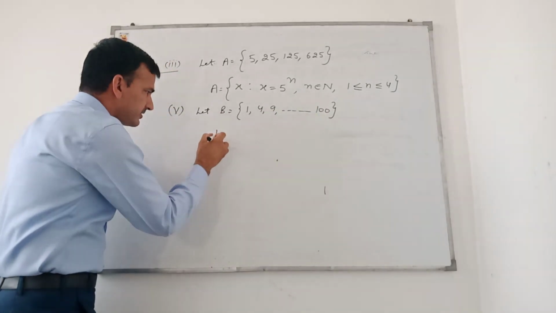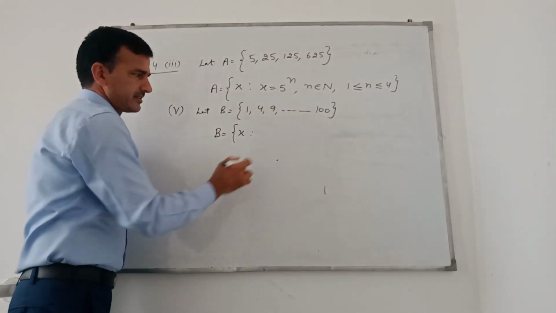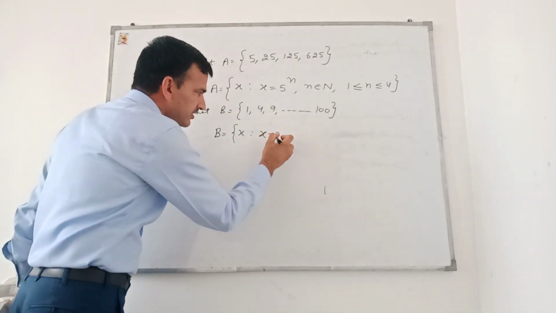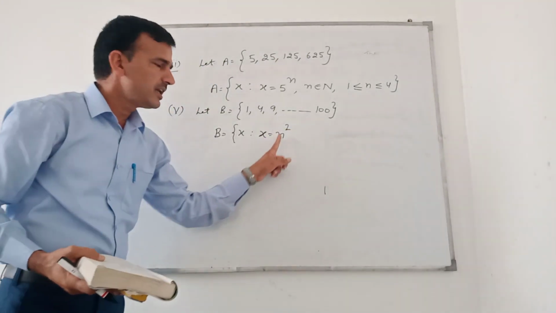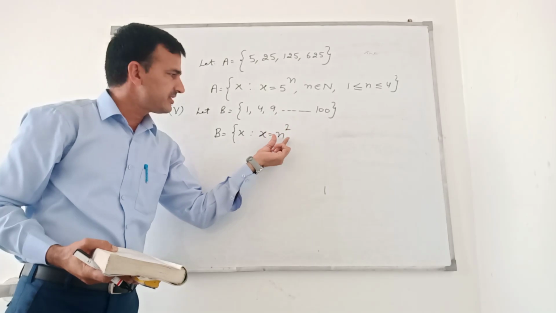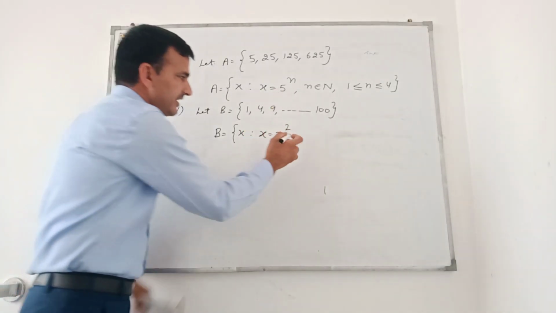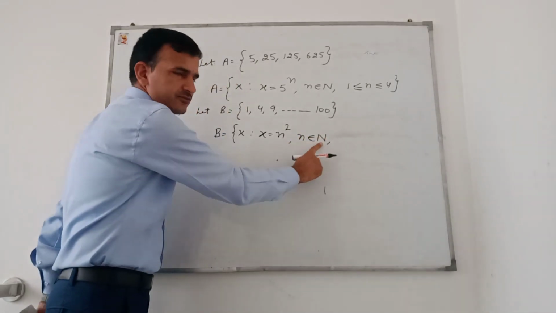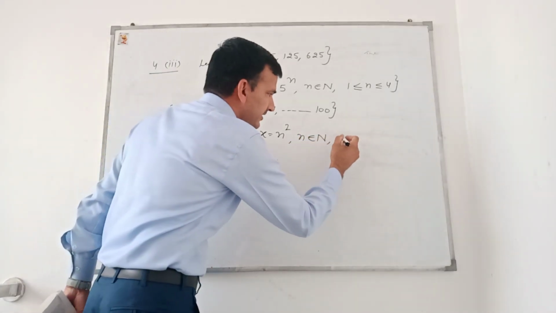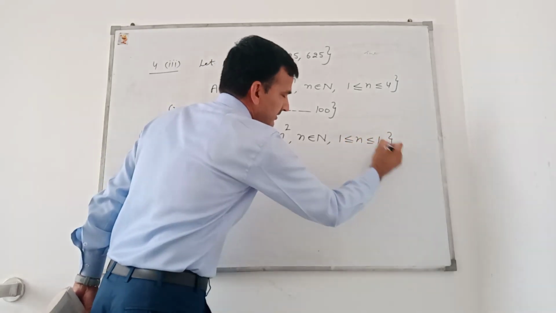Then we can write B is equal to {x such that x is equal to n square}, and n is a natural number from 1 to 10. n belongs to capital N, meaning n is a natural number, and n lies between 1 to 10.